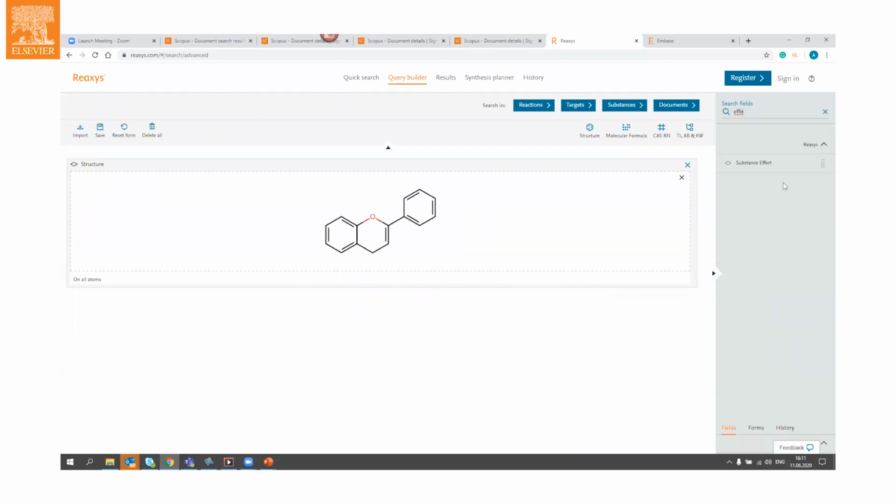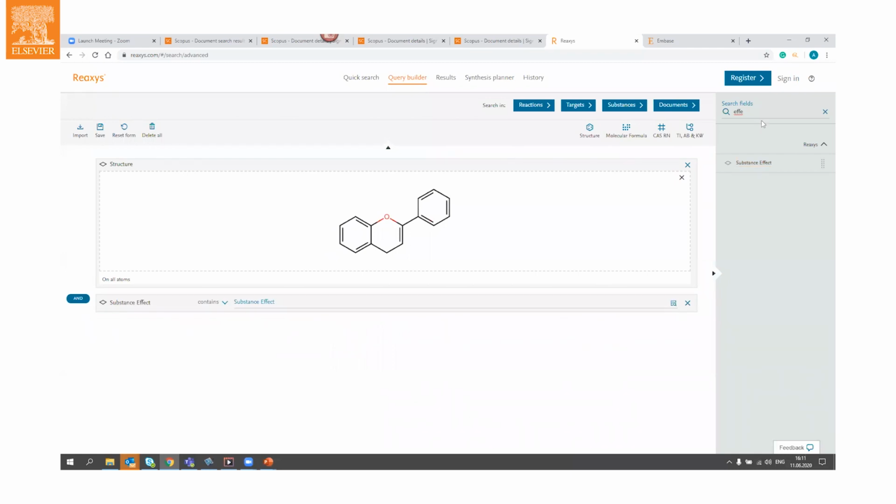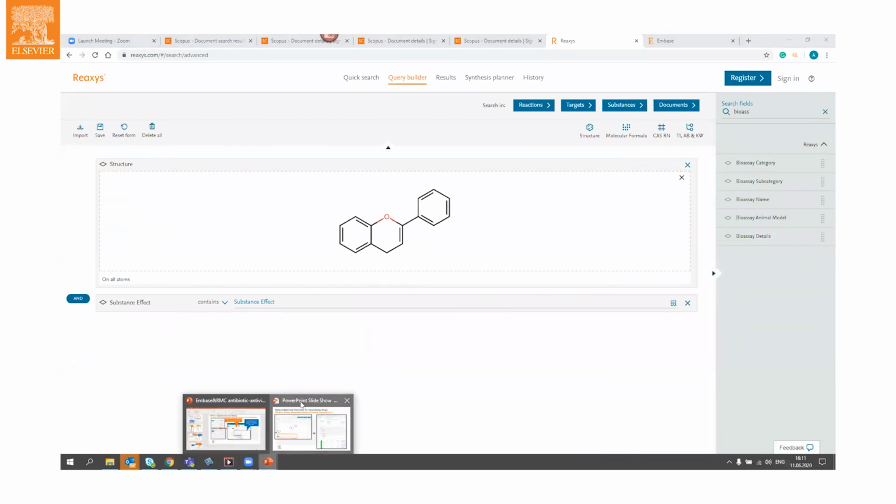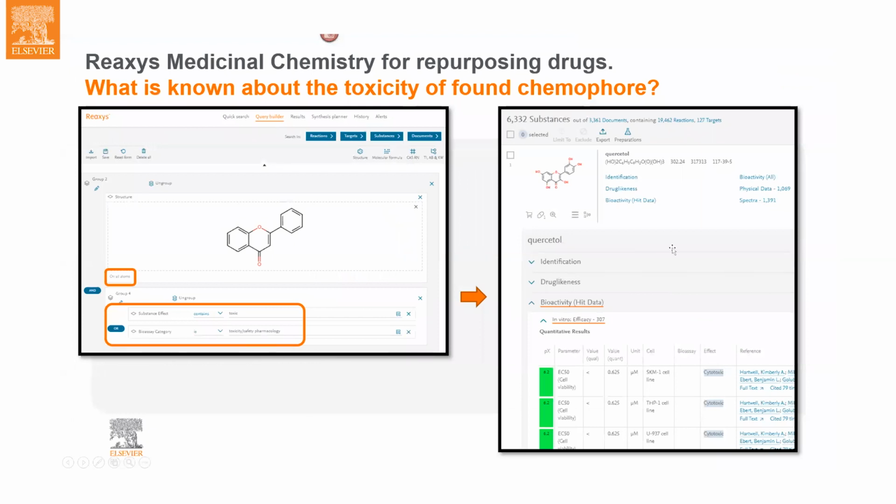We search substance effect there, and also bioassay, the bioassay category.